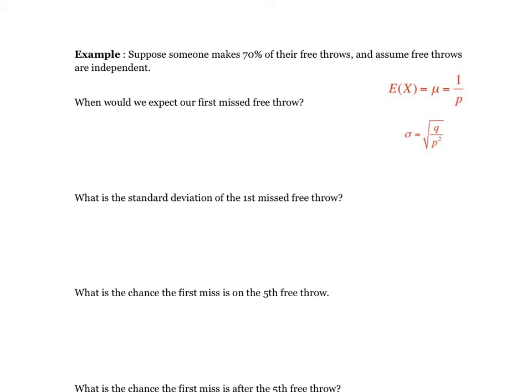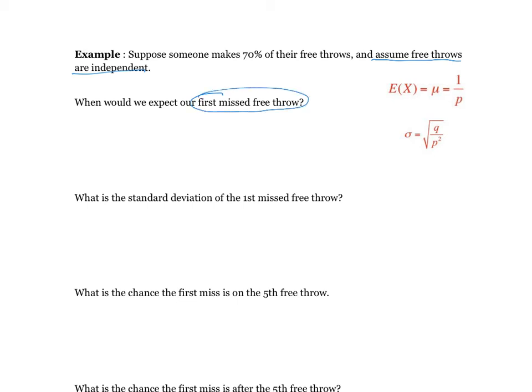Maybe if you make the first one, you're more confident on the second one, and if you miss the first one, you'd be less confident, but we will assume that they're independent, okay? And it's make or miss, right? Either make your free throw or miss it, so it's success and failure. We assume that your chance of making it's always 70%, and we're going to look for the first missed free throw, apparently, okay?